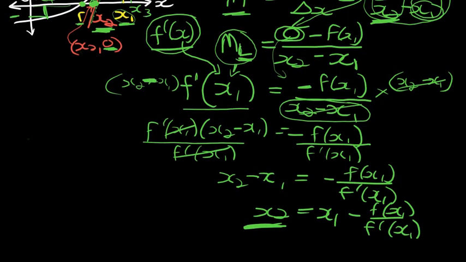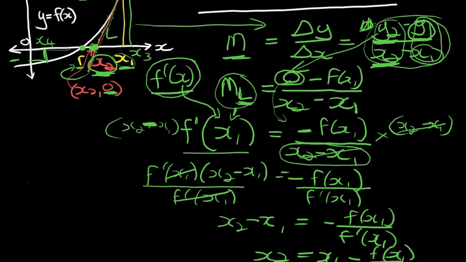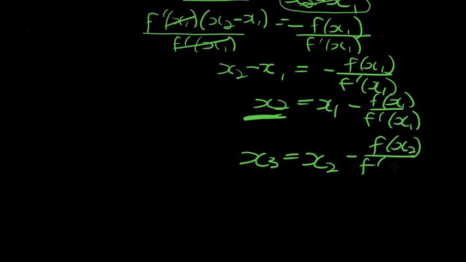So now we have a formula to get x2. There's the x2, and you can see x2 is now closer to the r. It's coming closer and closer to the r. So for our next one, x3, which will be going closer to the r, we just put x2 minus f(x2) over the derivative of f(x) at x2, and now the x3 will become closer and closer to the r.